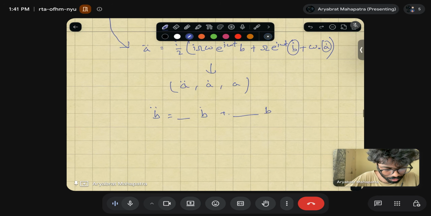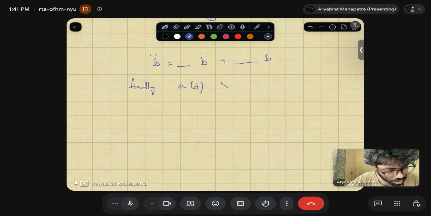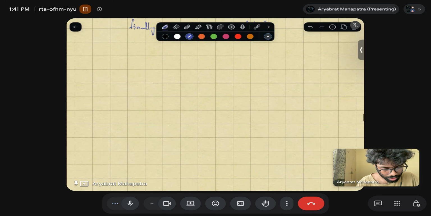So finally, from the A double dot equation you can get A of t, and from the second you can have B of t. So this is the way to do it.